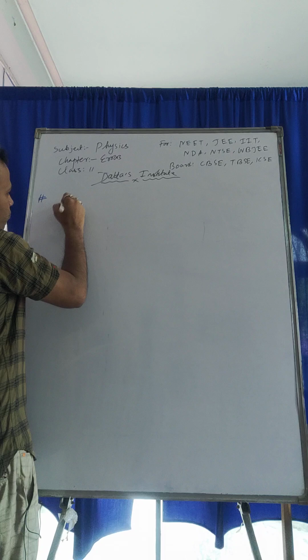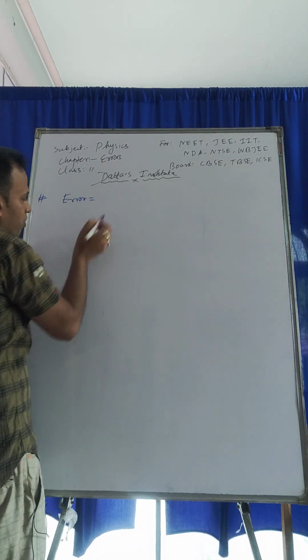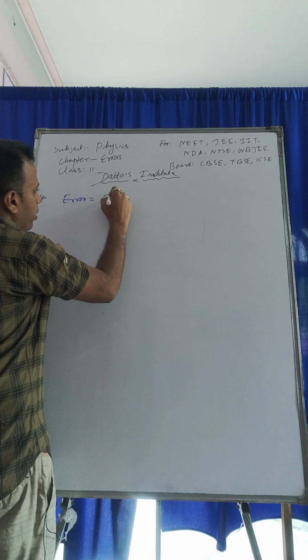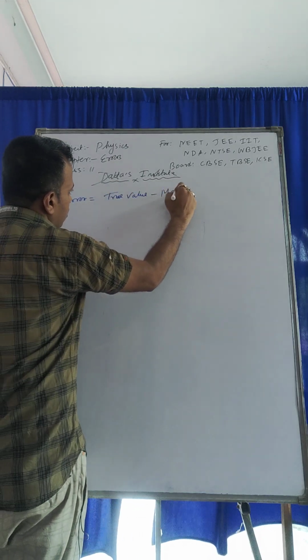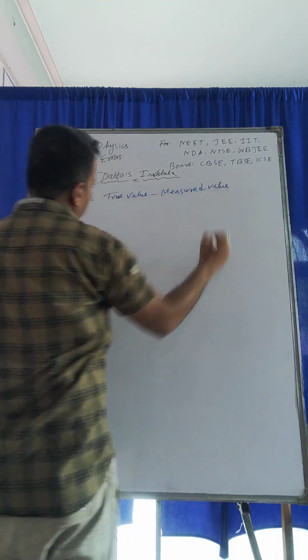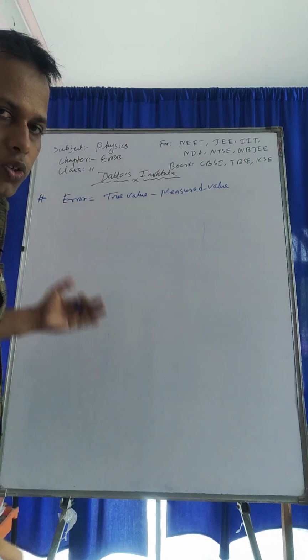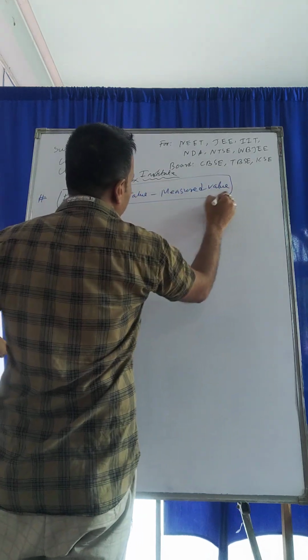So first, what is error? Error is nothing but the difference between true value minus measured value. This one is known as error.